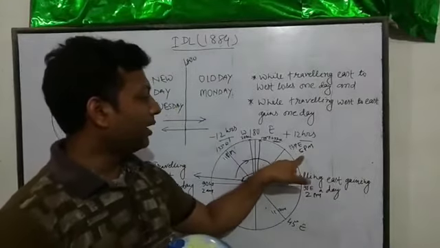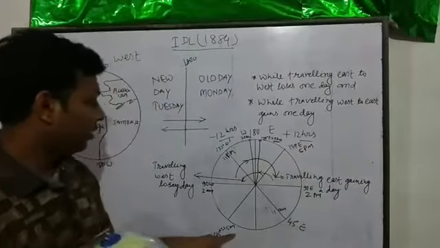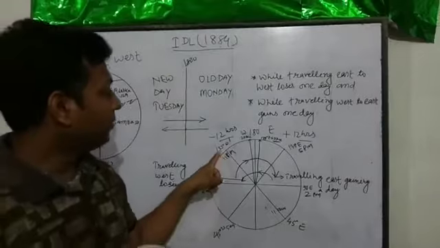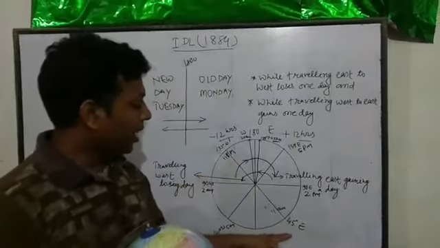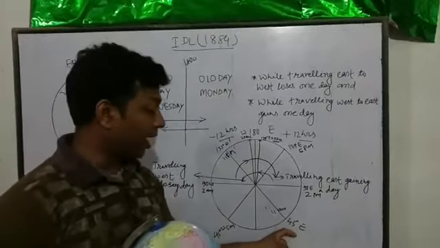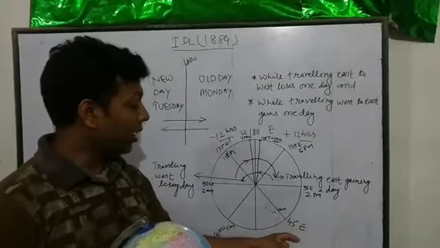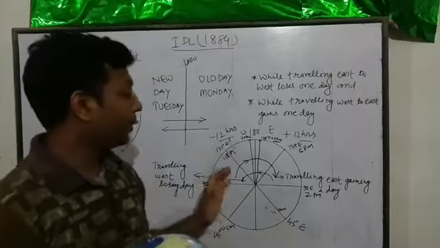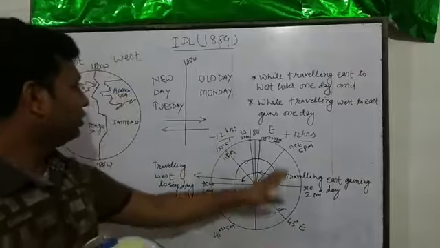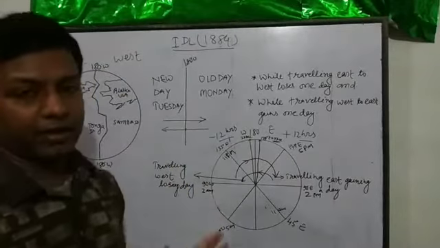Like at 135 degree here it is 5 p.m., here 5 a.m. At 135 degrees it is 11 p.m., and here at 45 degree east we have 11 a.m. Okay, so this is all about the time concept.